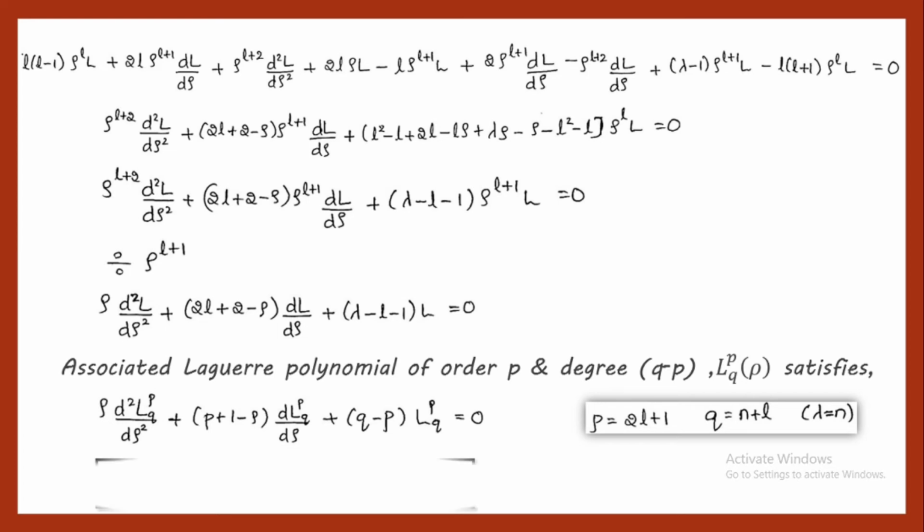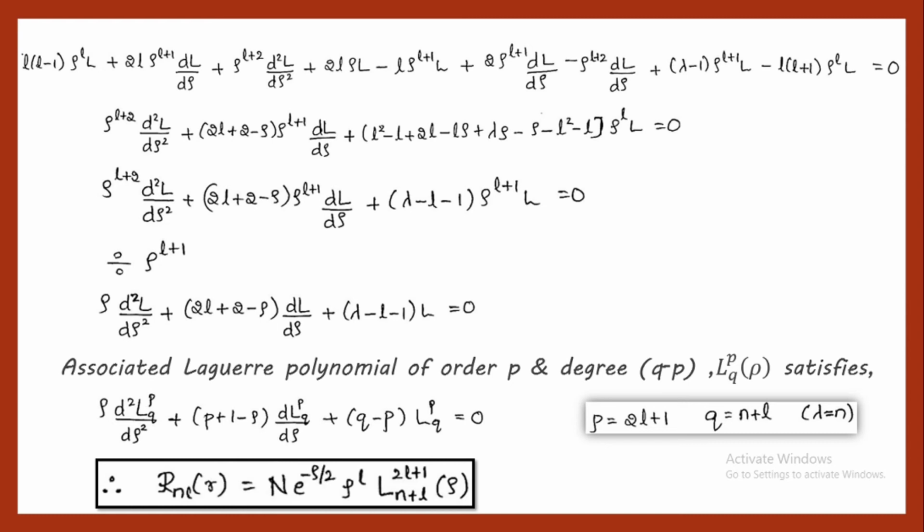So the same results can be taken and we can just write that the radial wave function R_nl of r is equal to e raised to minus rho by 2 into f of rho, and f of rho we have found out is equal to rho raised to L into the Laguerre polynomial L of rho, and here the q value is n plus L and the p value is 2L plus 1.